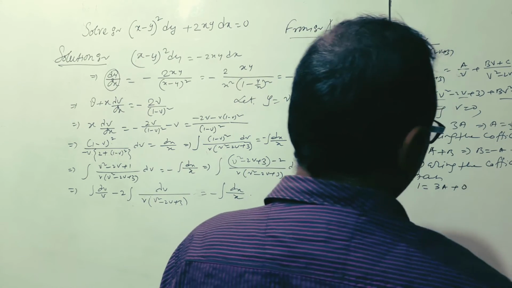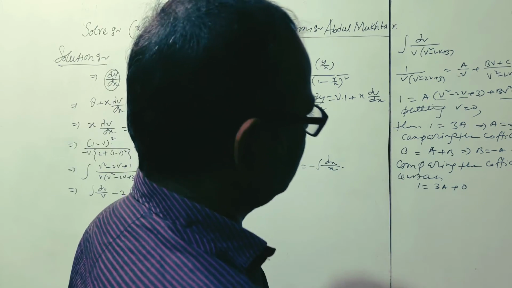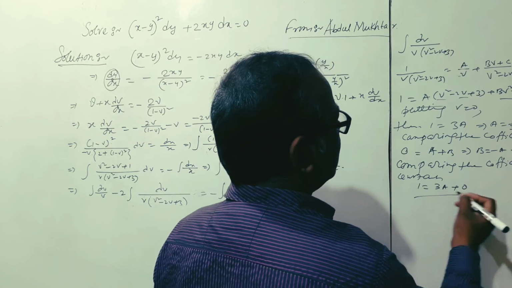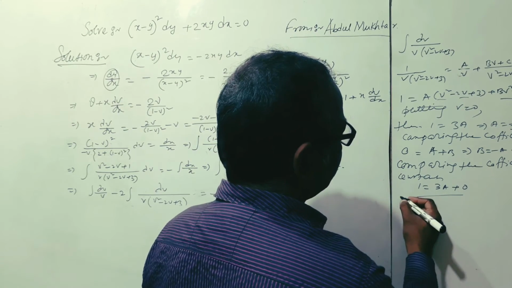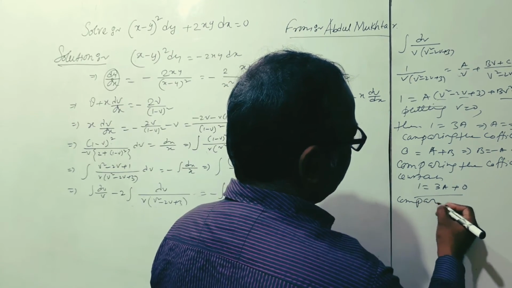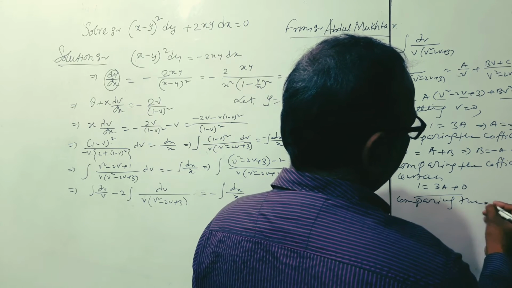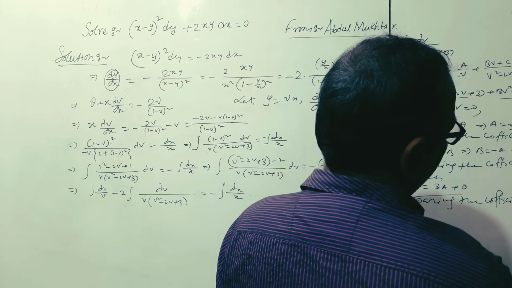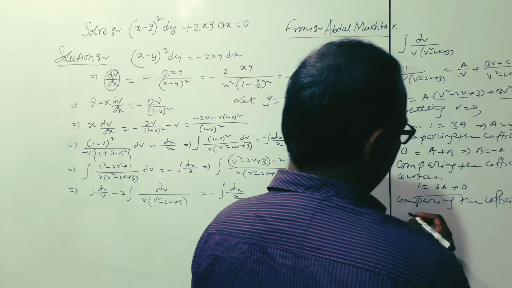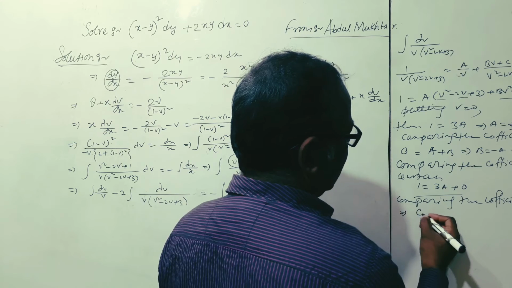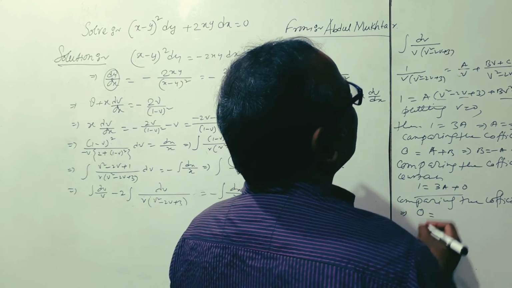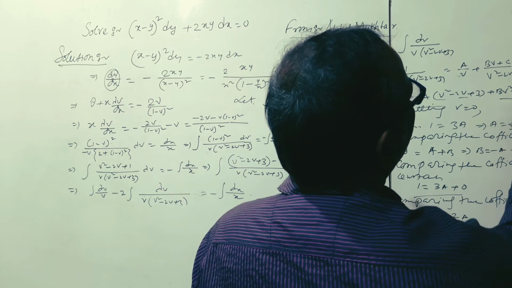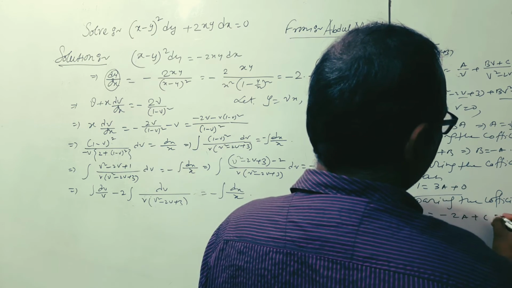Next, the coefficient of v: on the left hand side it is 0, this is minus twice a, and this is c.